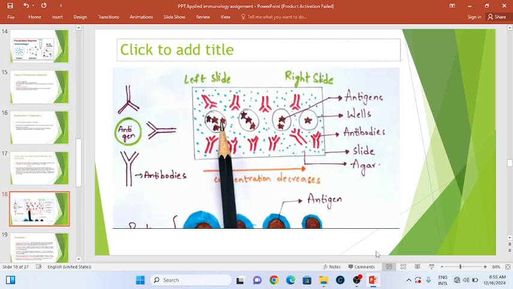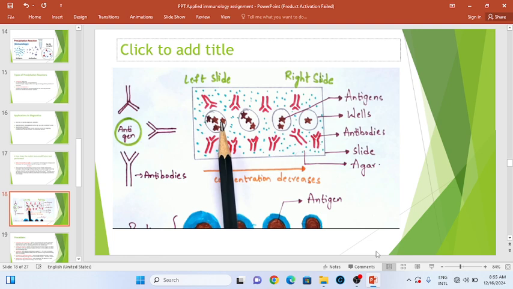Here is how it is performed: we have antigen that binds to soluble antibody and makes a precipitate, because it is based on precipitation. Here we have the left side and the right side.